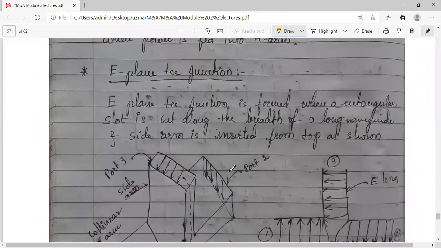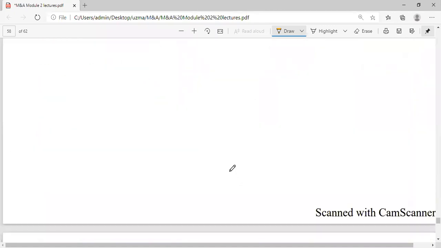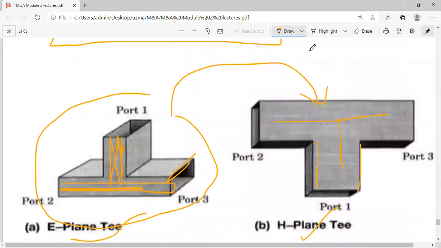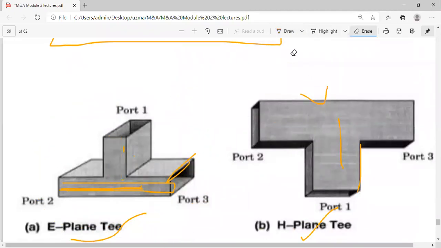Let me take the first one only. This is better for your understanding. Look at the first figure. This is a rectangular waveguide. This is also a rectangular waveguide. So two rectangular waveguides, this is first, this is second. You have one more rectangular waveguide. So we have taken all three sections and joined them together.